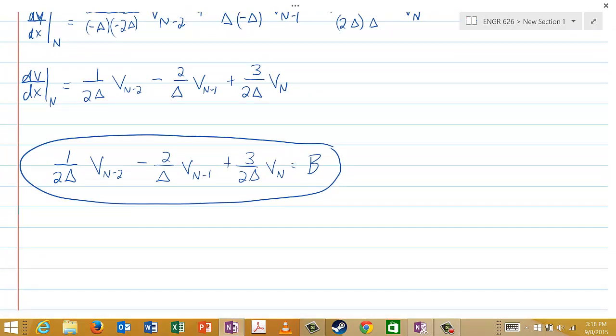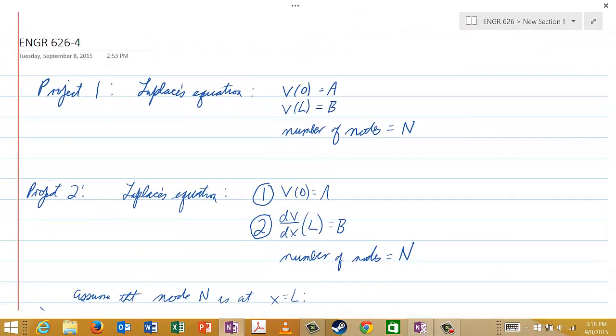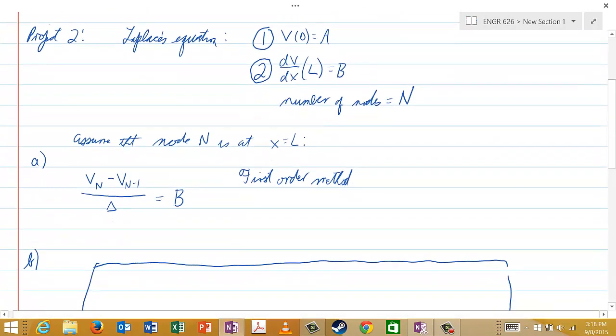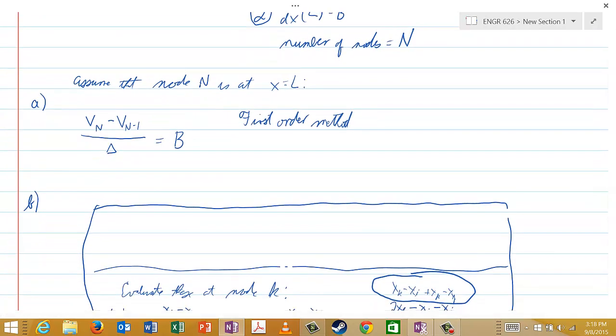Now, once you have done parts A and B for Laplace's equation, what you're going to find is that the results look exactly the same. And in fact, in both cases, the results will agree essentially exactly with the analytical results. Why is this? Well, it's because your solution is a linear function, and these approximate formulas that we're using for the derivatives are actually not approximate, but instead are exact for linear functions.